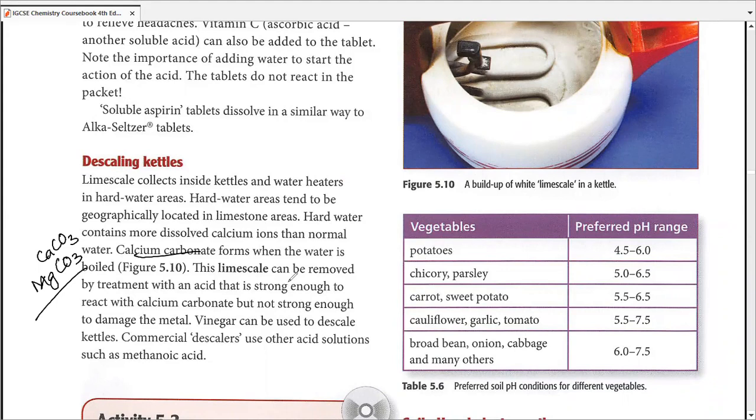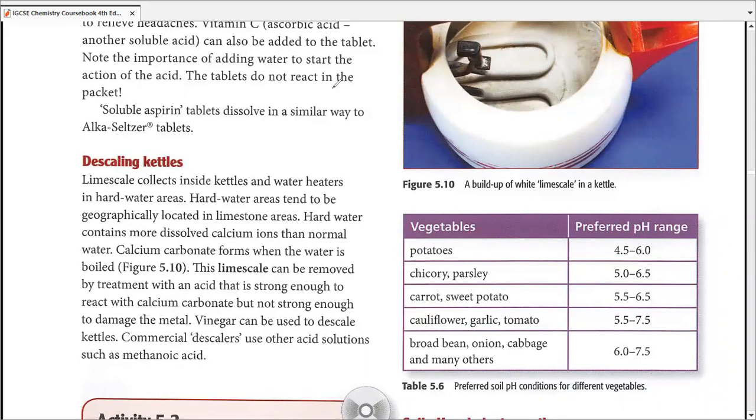They stick to whichever substance or kettle we are using for the purpose of boiling water. Sometimes these scales can be removed with some knives and some sharp tools, but that's tedious work. We always prefer that they are removed by treatment with an acid strong enough to react with calcium carbonate, but not strong enough to damage the metal. So vinegar can be used to descale kettles at home, and commercial descalers use methanoic acid.